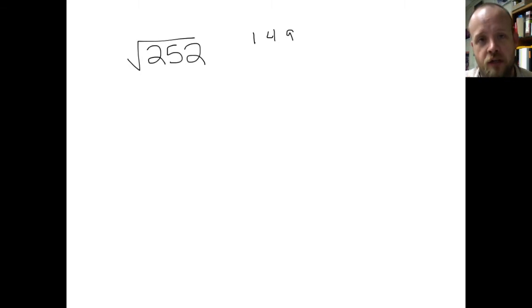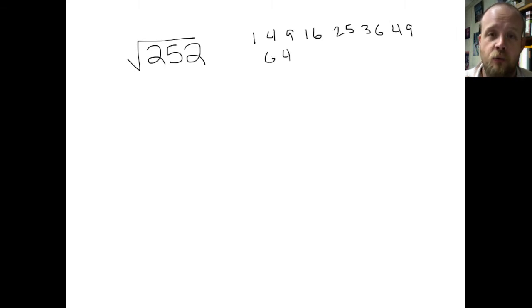Let's do another. So the square root of 252, big number here. All we do is we look at our list of perfect squares: 1, 4, 9, 16, 25, 36, 49, 64, 81, 100, 121, 144. Hopefully by now you're starting to memorize these even if you didn't know them before.